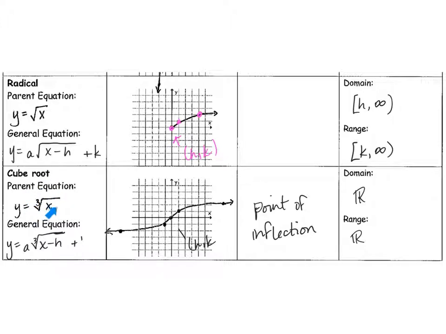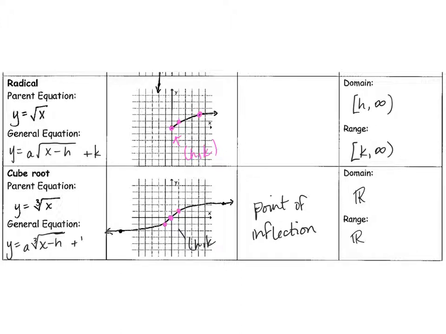Cube root is what times itself 3 times gives us that number. So if we look back at the cubic, we have the points 0, 0, 1, 1, and -1, -1. So cube root, oh, wrong color. Cube root of 0 is 0. Cube root of 1 is 1.